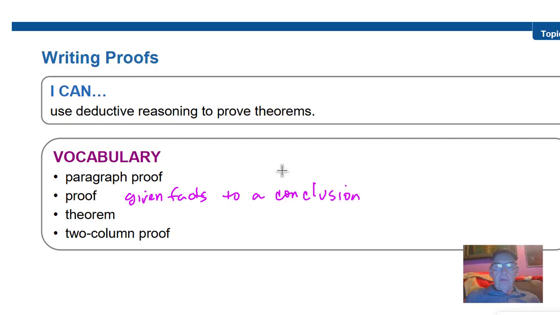And the two-column proof will supply the reason to go with each step that we make as we reason from our givens to what we need to prove. A theorem is a conjecture that can be proved.